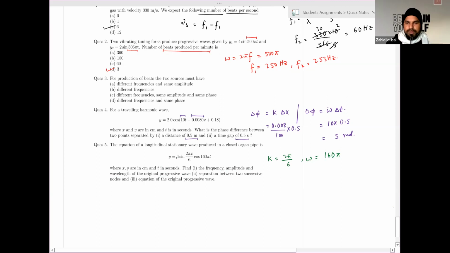On superimposing two different waves to get a standing wave, the amplitude of the resultant becomes double compared to its initial wave. So we may write 2 times A equals 6, or A equals 3 centimeter. Is it clear? Yes, sir.